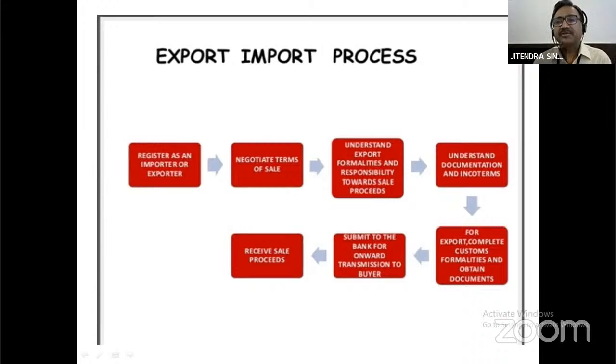For export, complete customs formalities and obtain documents, because customs clearance is a must. If we are exporting something or importing something, we have to get the customs clearance. So if we are exporting some commodities, some goods from India to South Africa, we have to fulfill all the customs formalities, and we have to get the basic documents. It means all the documents, all the receipts issued by the Indian Customs Department, because these documents are proof of what we are exporting to the South African buyer.